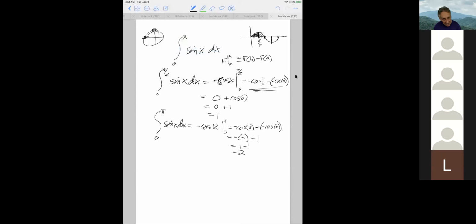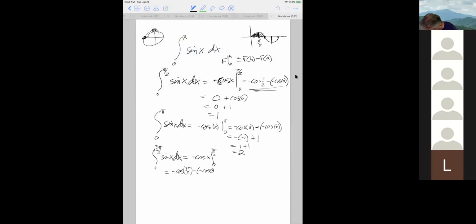When I go to 3 pi over 2, let's just do this. I don't have to do them all, but I want to do this. The integral from 0 to 3 pi over 2 of sine x dx equals negative cos x from 0 to 3 pi over 2, which equals, okay, so I've got negative cos 3 pi over 2 minus negative cos of 0.